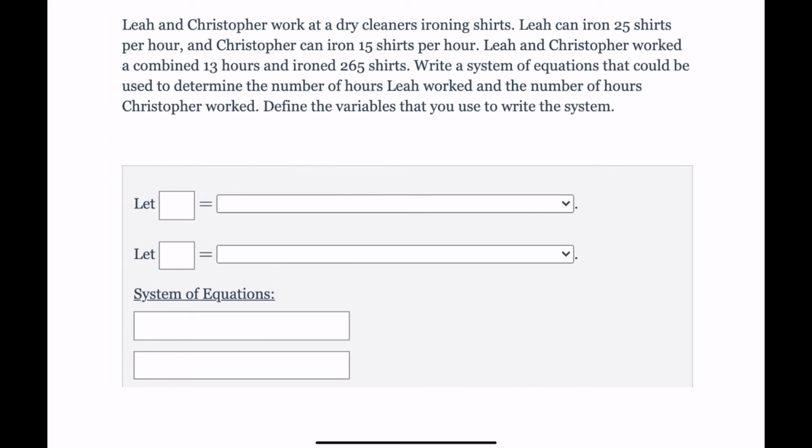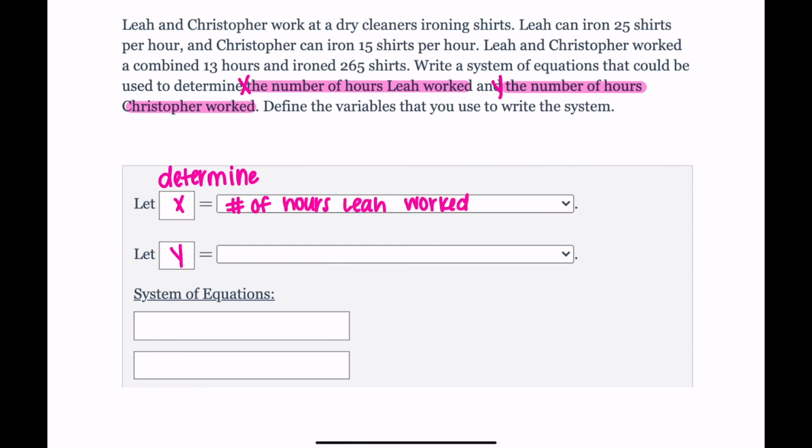Write a system of equations that can be used to determine the number of hours that Leah worked and the number of hours that Christopher worked. So those are the two things that we need to define, and we need to determine as X and Y. So X will represent the number of hours Leah worked, and Y will represent the number of hours Christopher worked.